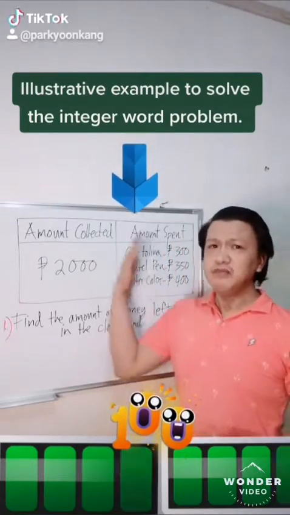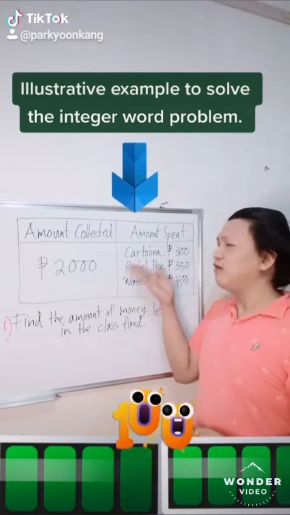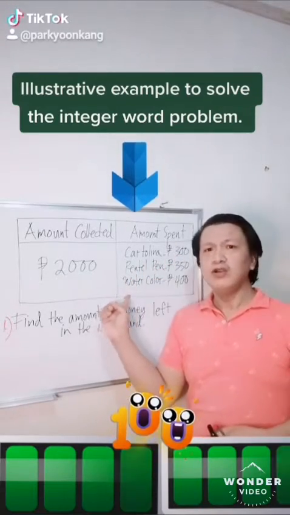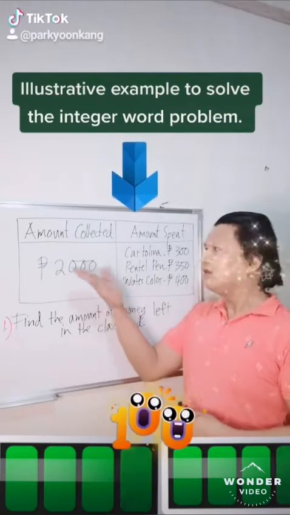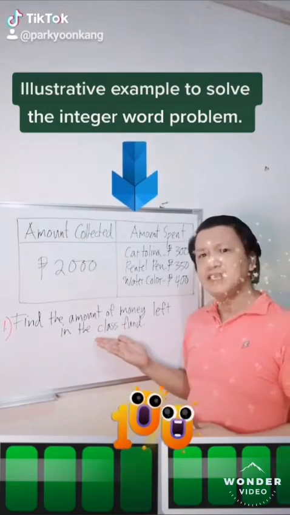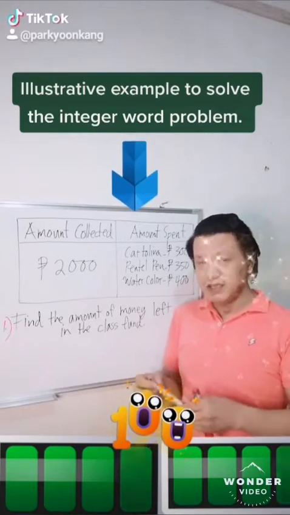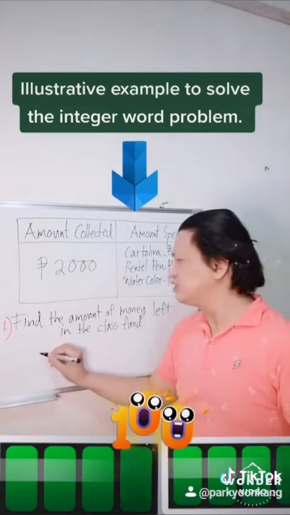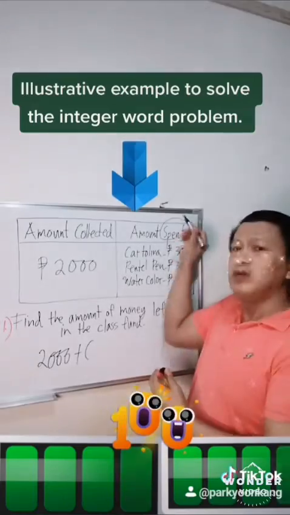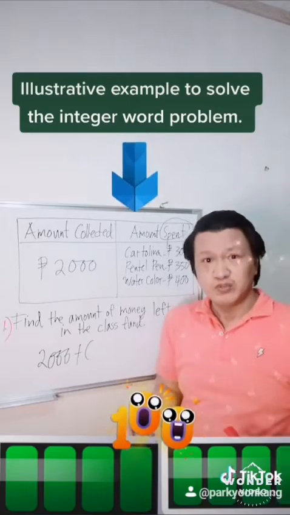Another problem we have. The table shows the amount collected, which is 2,000 pesos, and the amount spent on the following materials: cartolina 300, pentel pen 350, and watercolor 400. So given the amount collected and the amount spent, how are you going to find the amount of money left in the class fund? Just simply write first the amount collected, which is 2,000, and you are going to add all those amount spent. When we talk about the spent, this is simply negative, because this is simply ginastos mo.